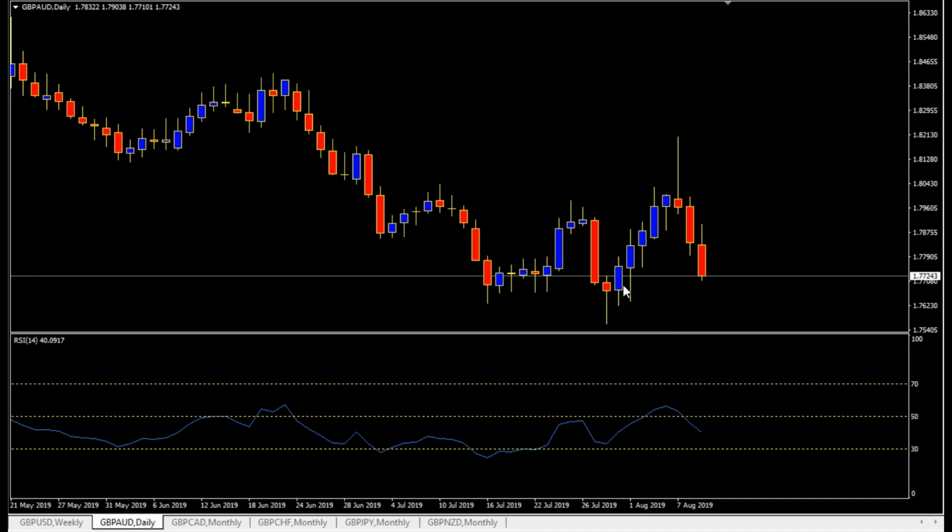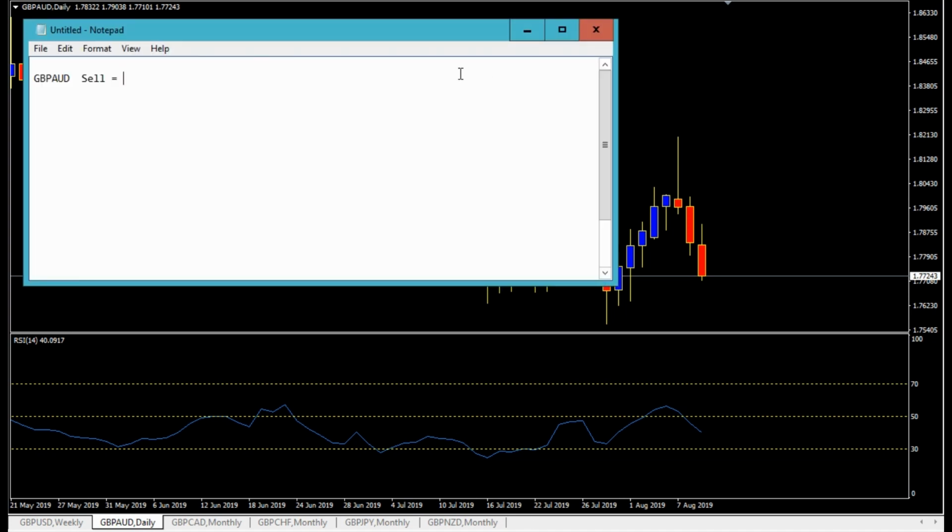Okay, let me open this. Here I have GBP AUD. What we can do now is put a pending order. It's very important that on the weekend, before the start of the new week, you always place a pending order, because you don't know, the market may go on the other side. So at least you will not be in the trade.